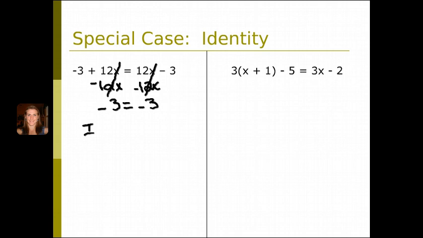And you have to write identity under it. What an identity equation means is that any number you put in for the variable, both sides of your equation will be the same.